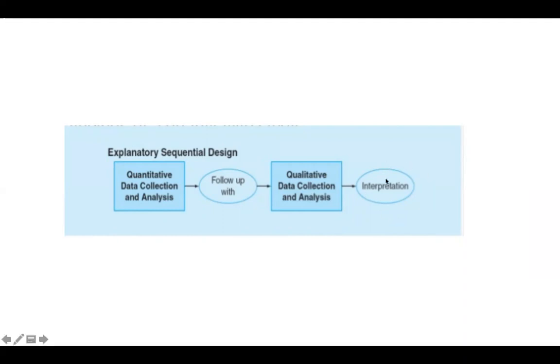And then we interpreted the results together and came up with a list of reasons for providing high volume services or low volume services from that specific area.